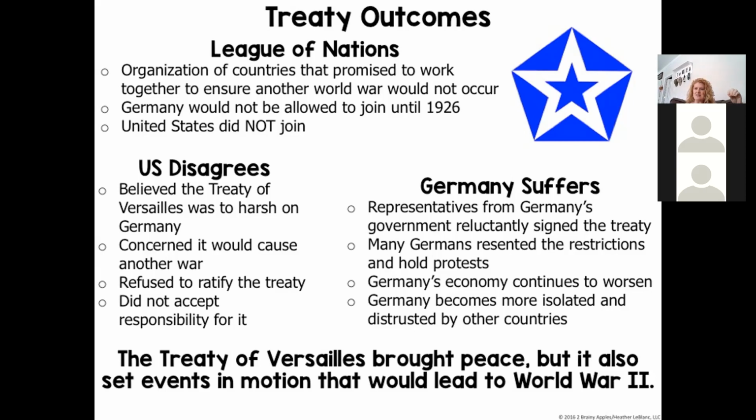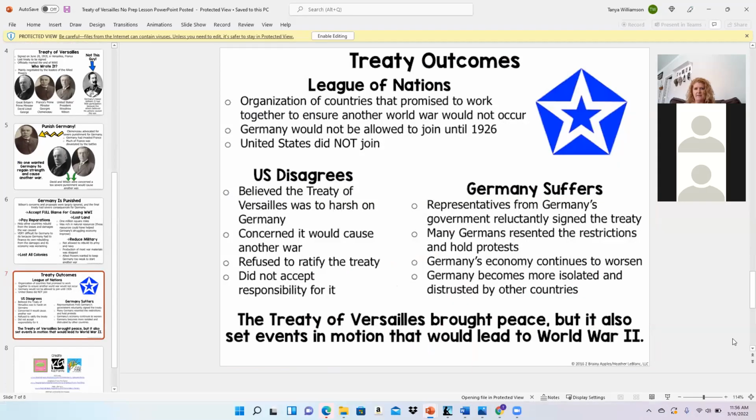So it leaves the Central Power countries in such a devastated state that we're literally opening the doors for dictators to come in and offer a way to take over and bring these countries out of these horrible states of inflation, starvation, and devastation. So I'm going to end here for today.